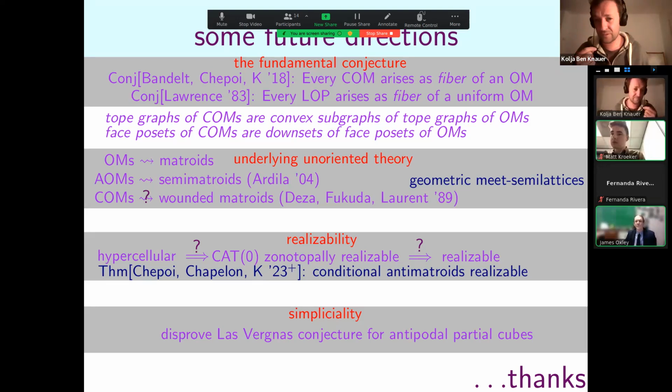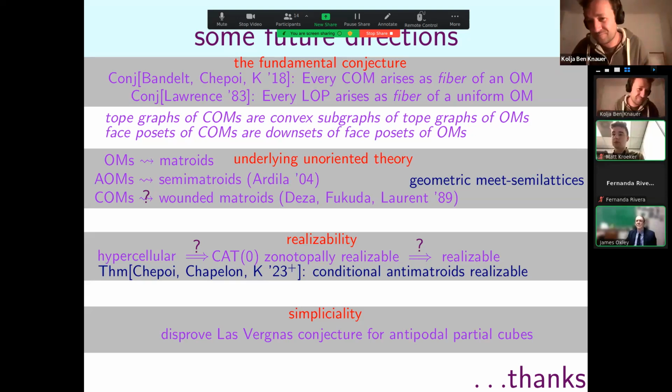One way of getting such a thing is just to take a downset of a geometric lattice, an order ideal. This is what they call a wounded matroid, because you start with a matroid and you kind of cut out stuff.